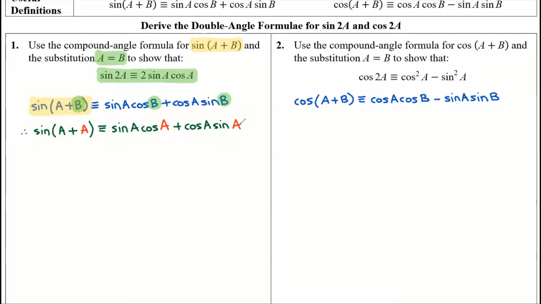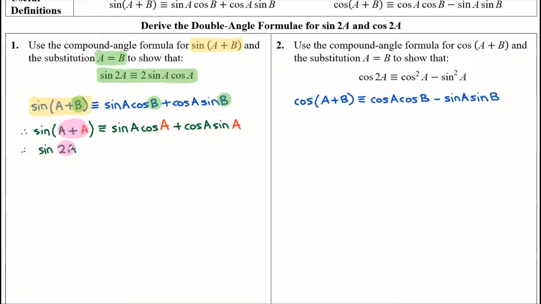On the left-hand side of our identity, we can collect like terms inside the parentheses, which is a posh word for brackets. So we have the sine of 2A, just adding those two parts together. A plus A, collecting like terms.